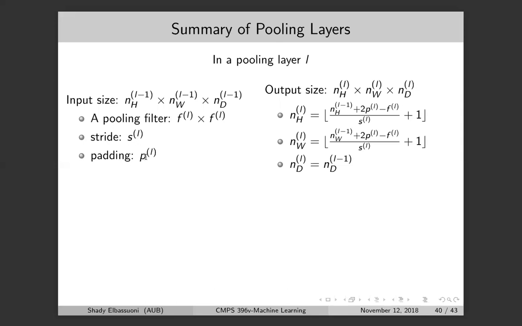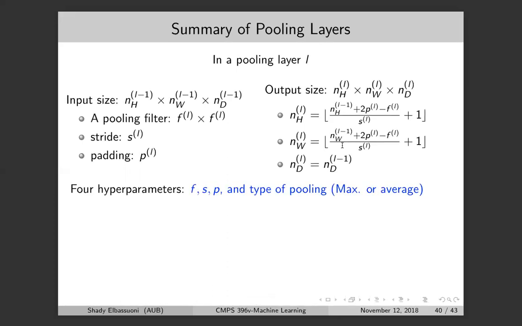I have a stride and I have a padding. The output height NH of L is going to use the formula as before. The width is going to use the formula as before, because I'm doing one value per set of pixels the filter is passing over. And then the depth of the pooling layer is going to be the depth of the previous layer, because it's applied on every activation map independently.